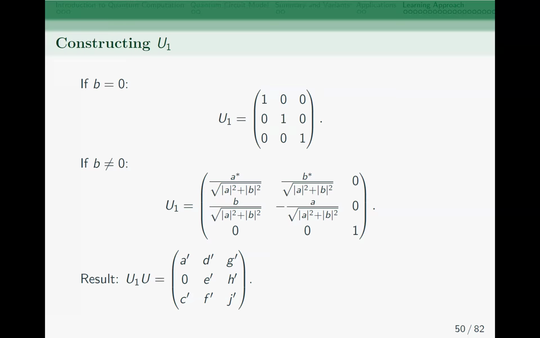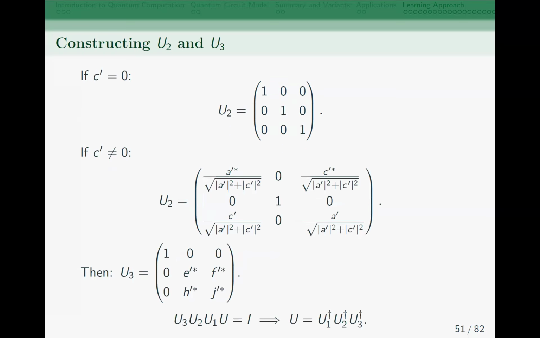So we first normalize, and that's why you pick A star and B star. You forget about normalization, pick B and minus A, and then add a normalization factor. You just try to find a unitary U1 that kills this off-diagonal entry. And if B is originally 0, then you just pick U1 to be identity.